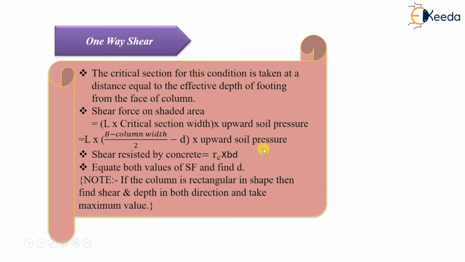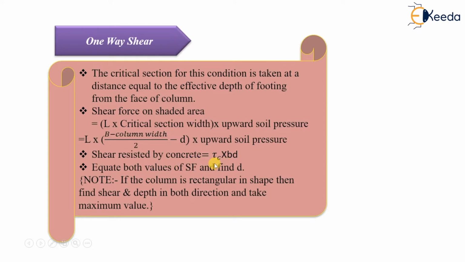But we don't know the value of small d, that is the effective depth. Of course we are finding this value, so we will put d as unknown and form an equation and mark it as equation number 1.